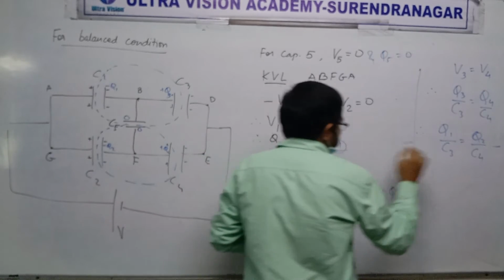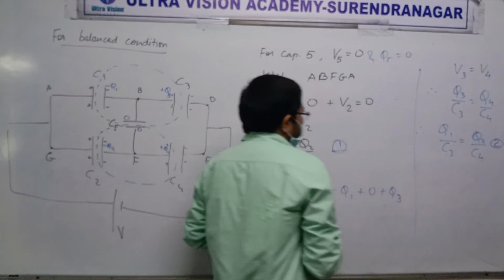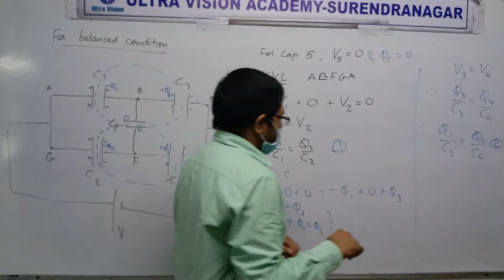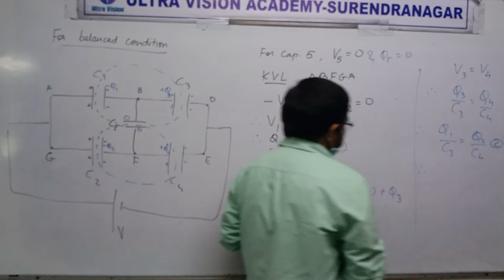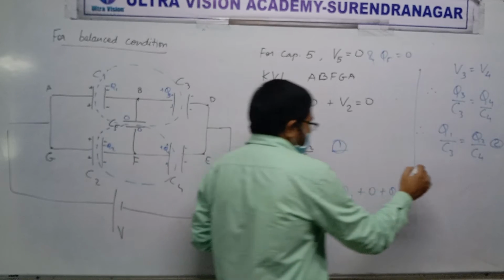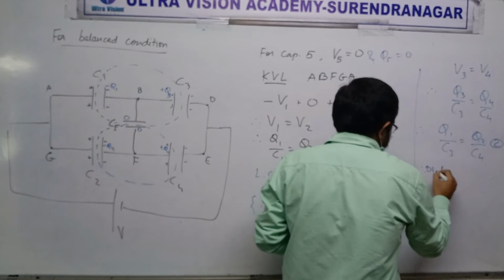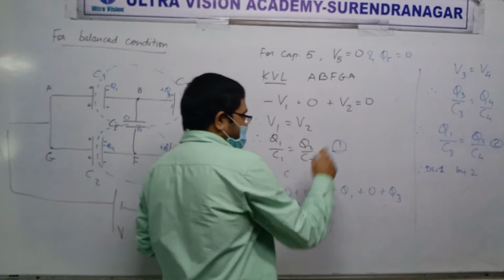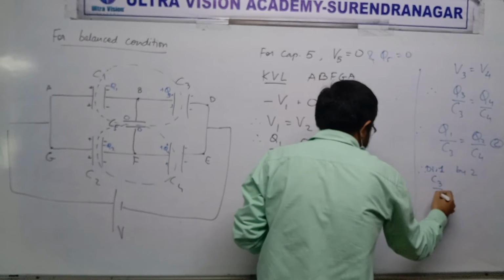Call it 1 and 2. So if we divide them, the relations, let's divide them. So that Q1 cancels. Dividing equation 1 by 2, I will just say C3 upon C1 on the left hand.